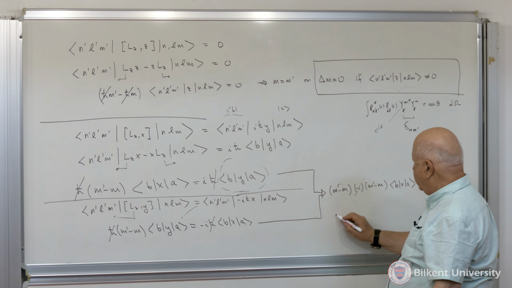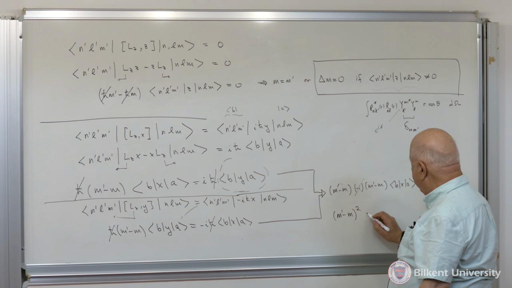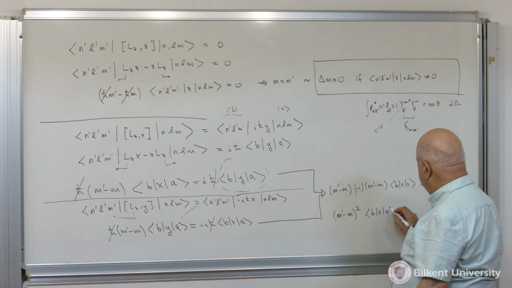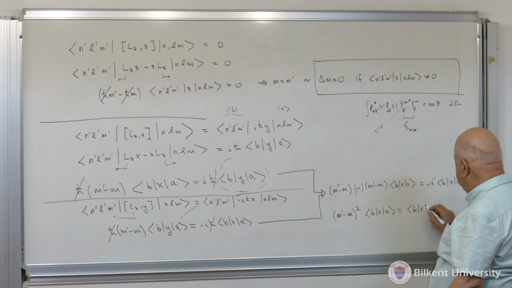And what do I get? I get (m' - m) squared <B|X|A> is equal to <B|X|A>.